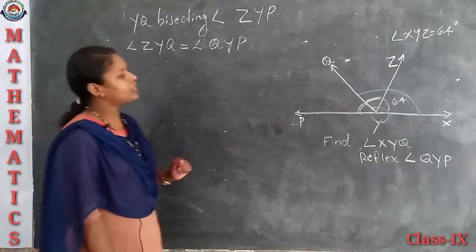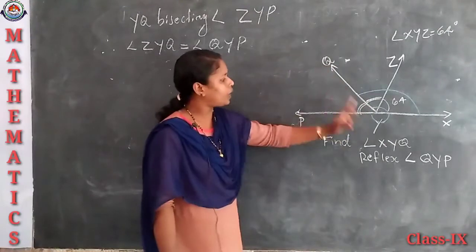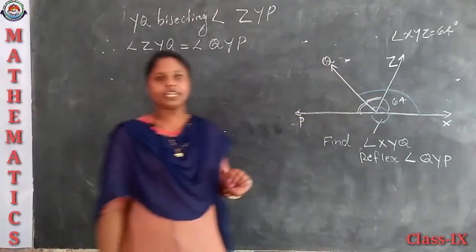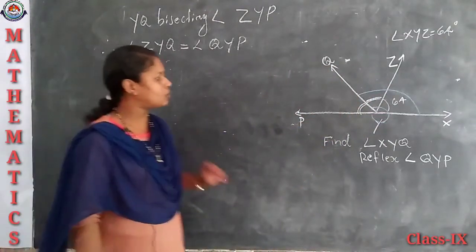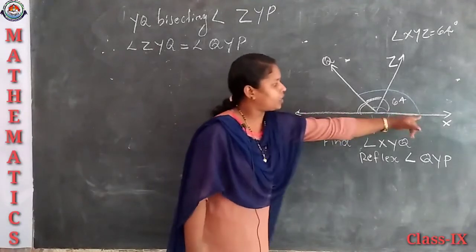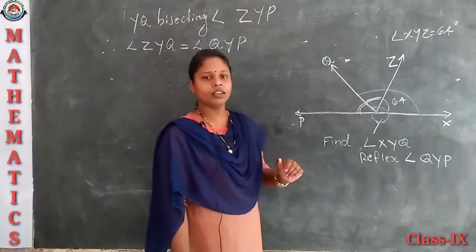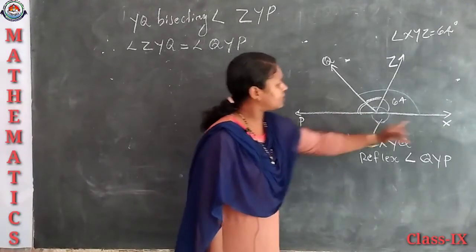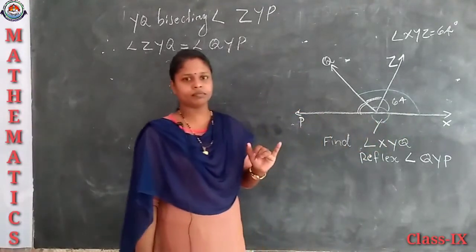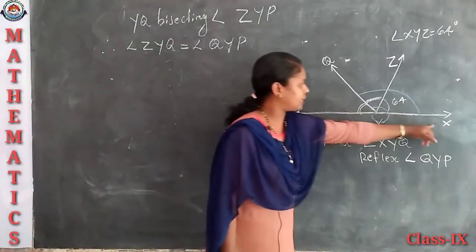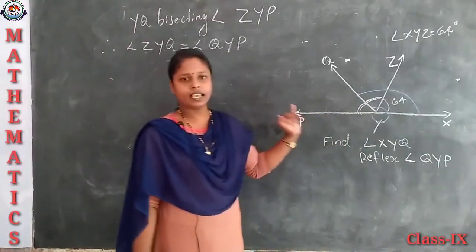And we can say that YQ and YZ are two rays standing on the line YX, and we extended this line XY. It is observed that XP is a line.